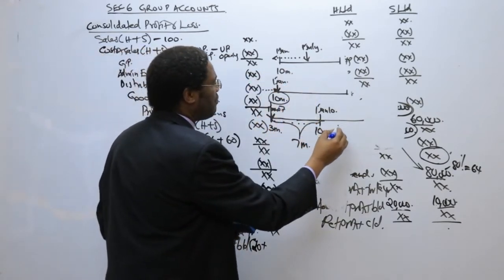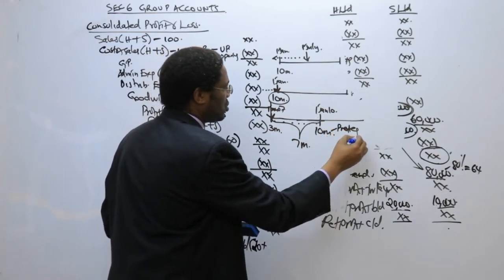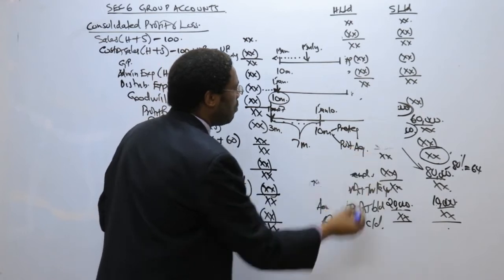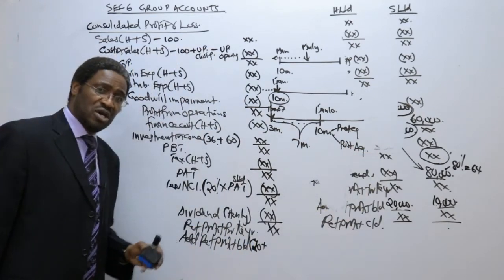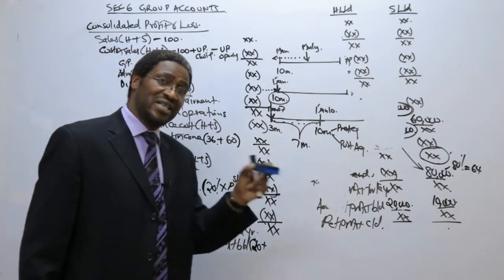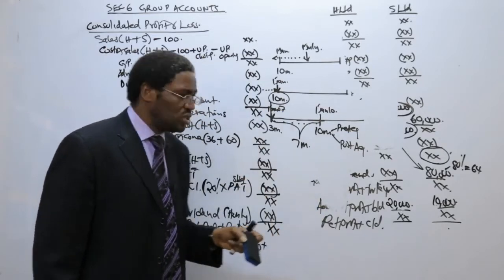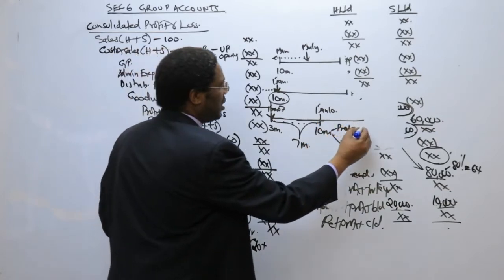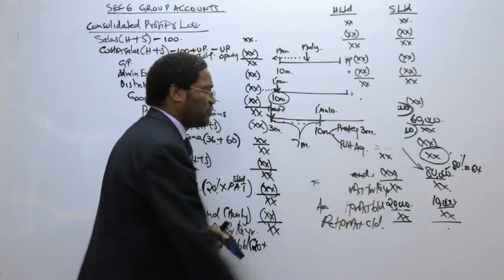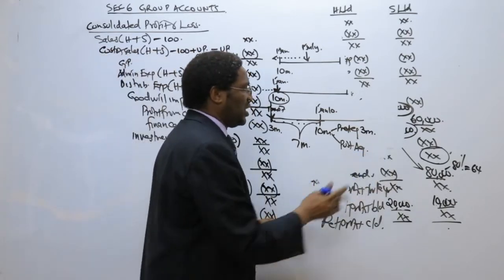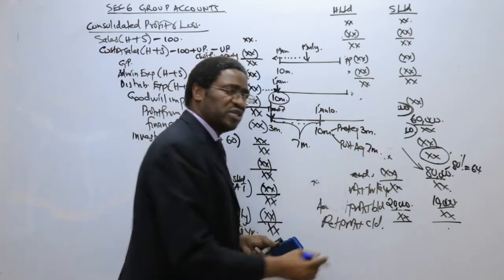How much of it is what we were calling pre-acquisition? And out of the 10 million, how much of it do you call post-acquisition retained profit brought down? Don't forget the 10 is still the retained brought down, but out of that 10, 3 million is what we can classify as pre-acquisition retained profit brought down, while 7 million is what we can classify as post-acquisition retained profit brought down.